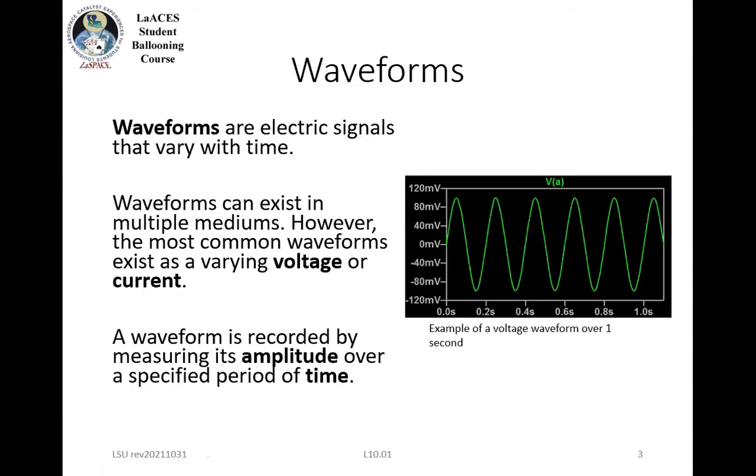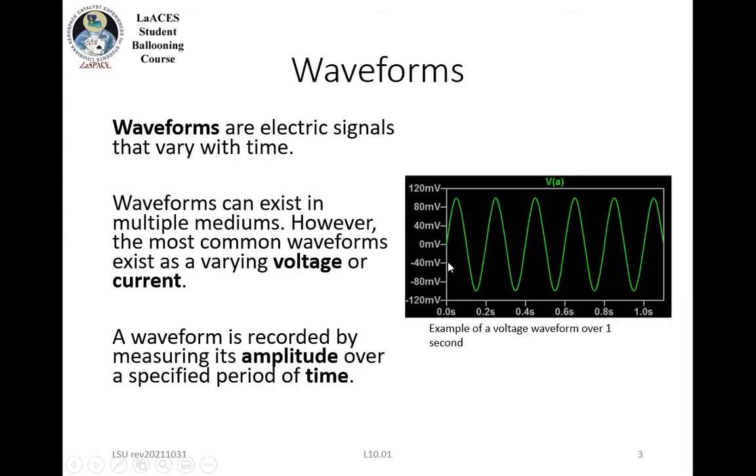So when we say a waveform here, what we're talking about is some electrical signal that varies with time, right? You know, you can have waveforms in other mediums, waves in the water. Electromagnetic radiation is waves of light, but the point is what we care about here are varying changes in voltage or current.